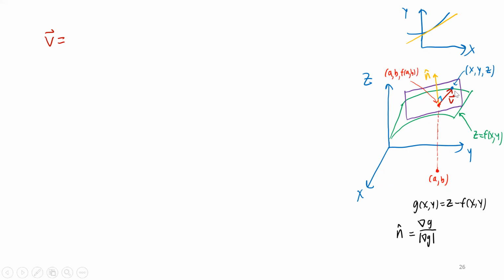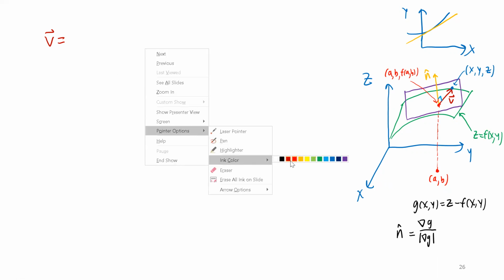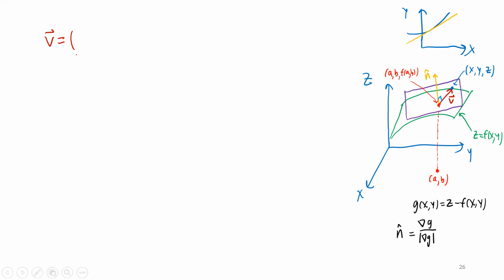Therefore, the v vector can be written as x minus a, x hat, plus y minus b, y hat, plus z minus f of AB, z hat.